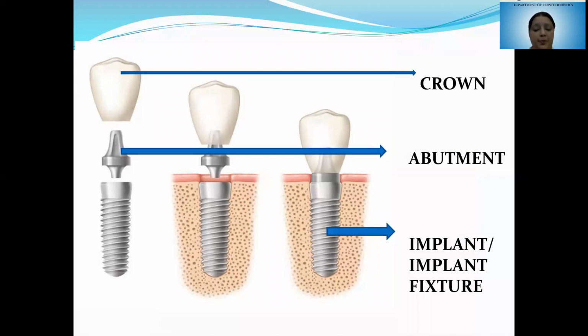An implant prosthesis consists of the implant fixture, abutment, and crown. The implant fixture is that portion that is placed inside the bone. The abutment provides a connection to the implant and to the prosthesis. And the prosthesis can be either a crown or a bridge or even a denture which is screwed onto the implant.